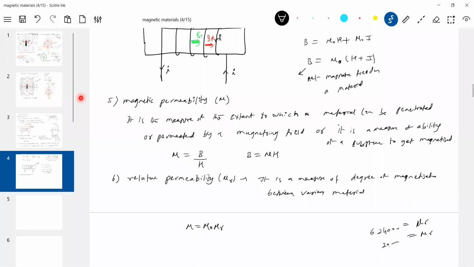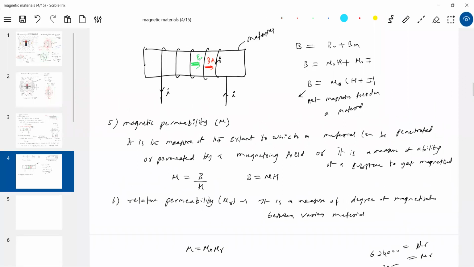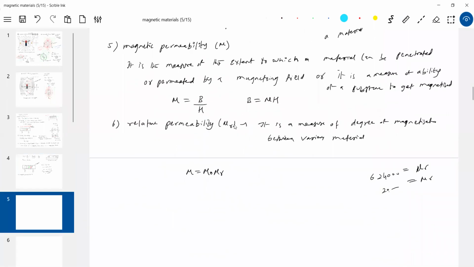Now let's come back. I told you there are some materials where the induced magnetic field will be opposite to B naught. There are some materials where the induced magnetic field will be in the direction of B naught. So to indicate that sign of Bm also, we need one quantity. For that purpose, I'll bring the last one called susceptibility, the symbol chi.